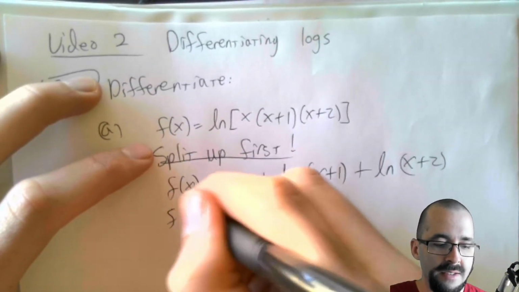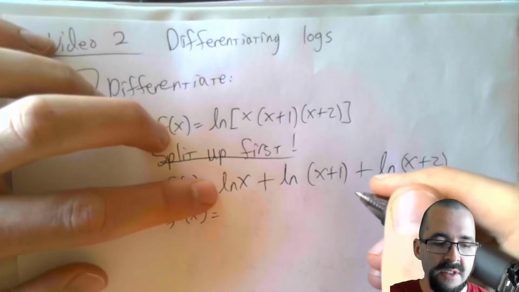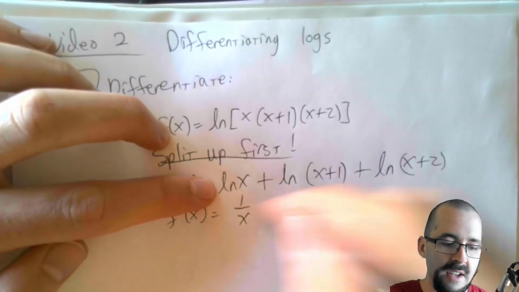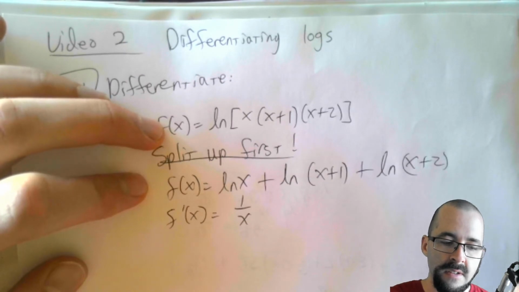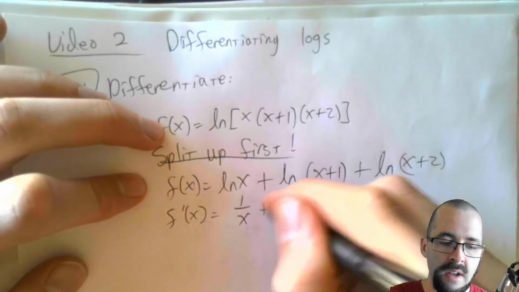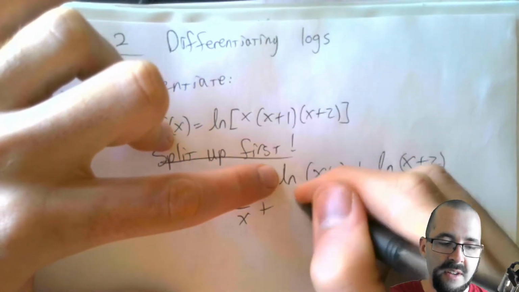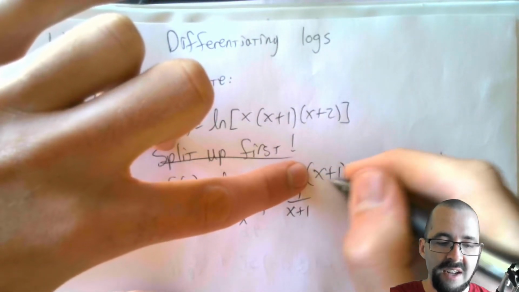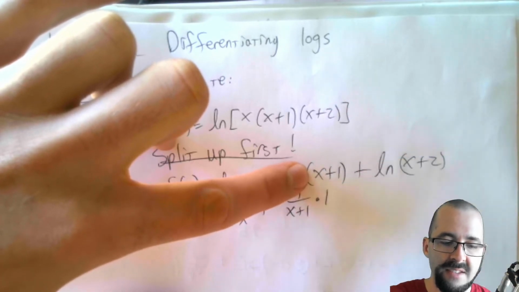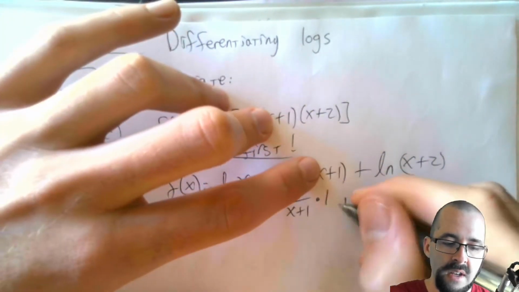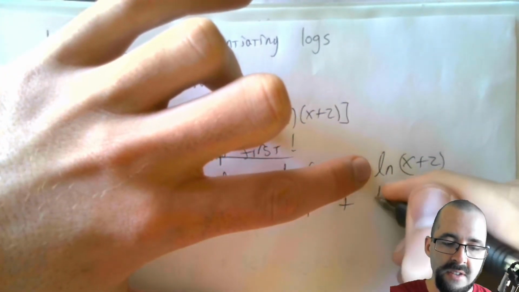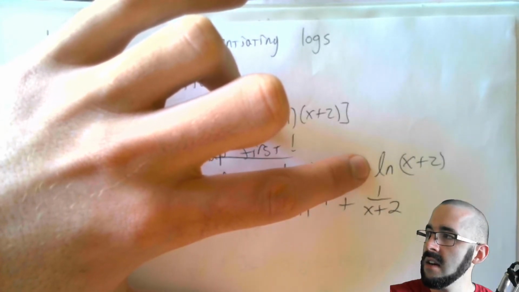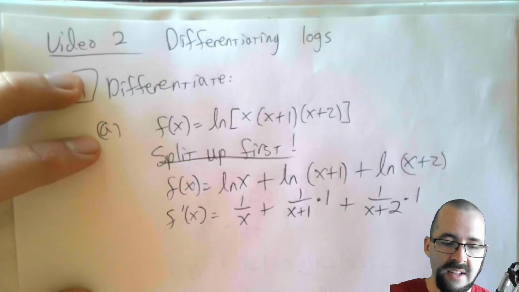So f prime of x, the derivative of a log is 1 over the inside. Okay. So plus the derivative of this one, 1 over the inside. Times, so we don't have just x here. So we have to multiply by the derivative of the inside, which is 1. Plus the derivative of this is 1 over the inside. Times the derivative of the inside.